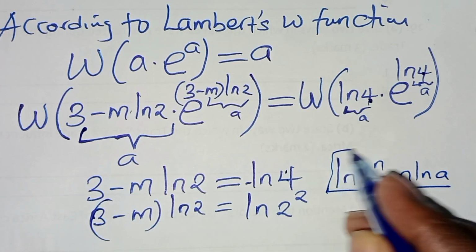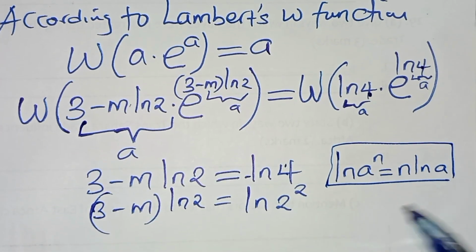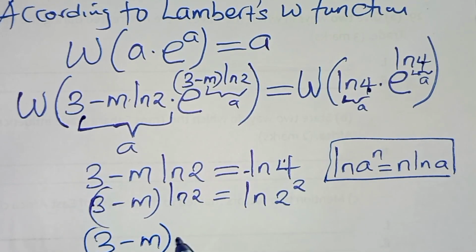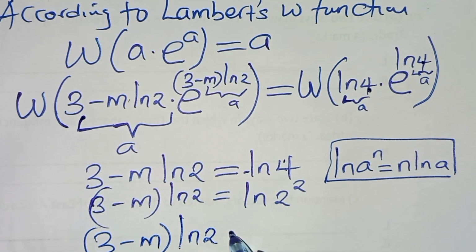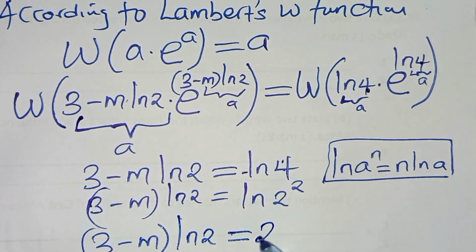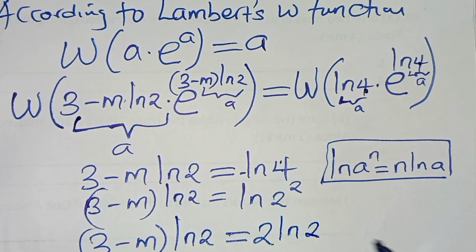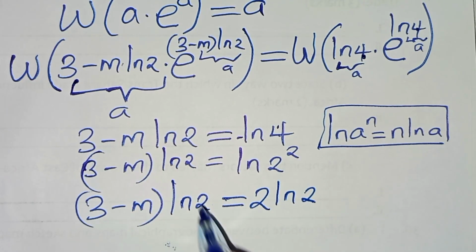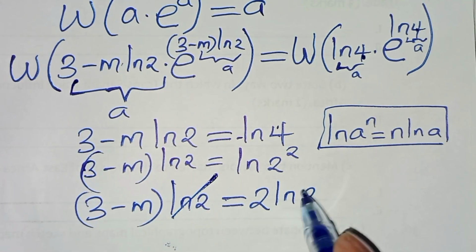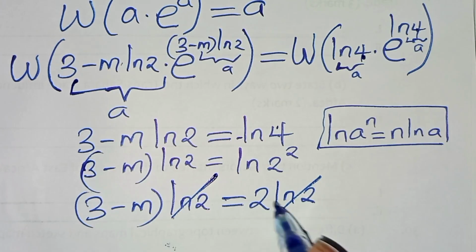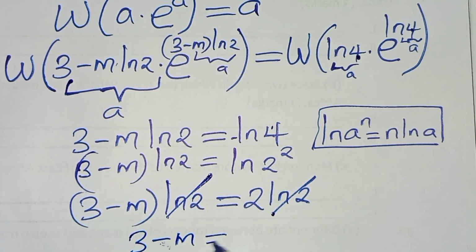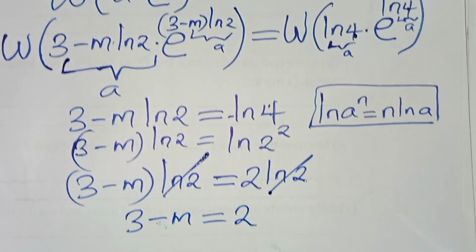So applying this property, then here we have 3 minus m multiplying by natural log of 2. This is equal to 2 natural log of 2. So this implies that natural log of 2 and natural log of 2 here simplifies, so that we'll have 3 minus m. This is equal to 2.